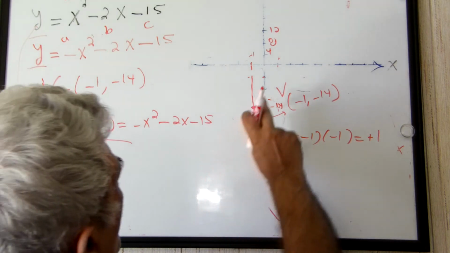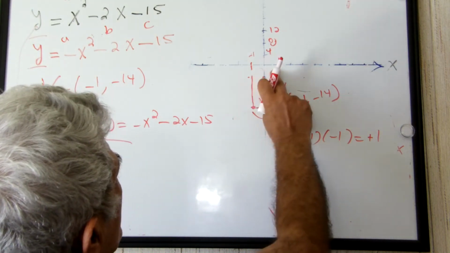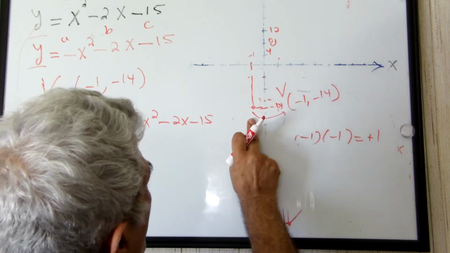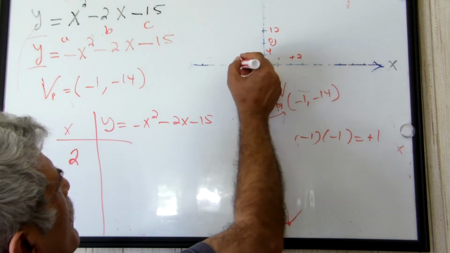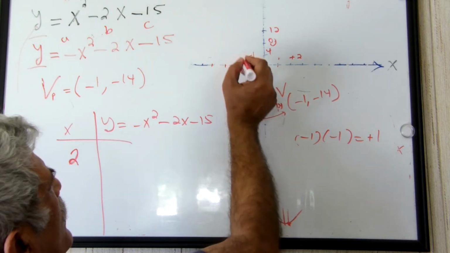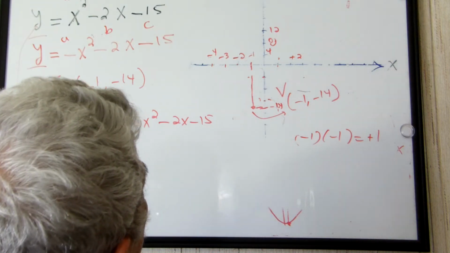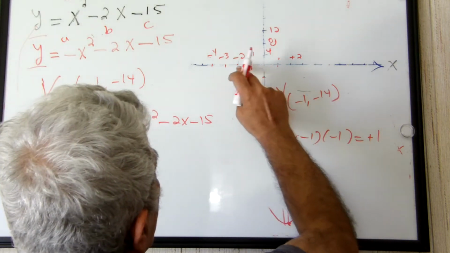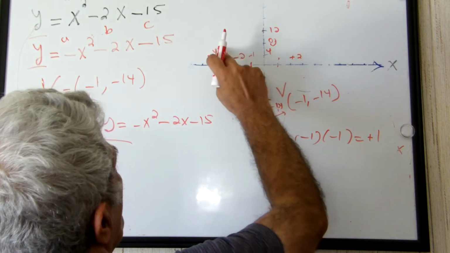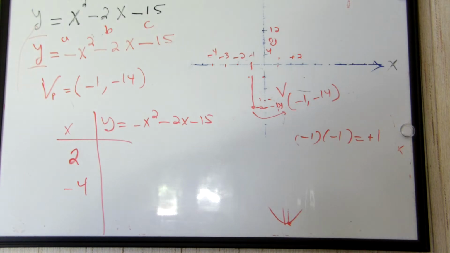When we say plus 2, we say 3 units from the vertex. This is minus 1, and if we go 3 units this way, it's going to be plus 2. And if we go 3 units this way, 1, 2, 3, it's going to be minus 4. So minus 2 and minus 4 are the x values of the points that we want.